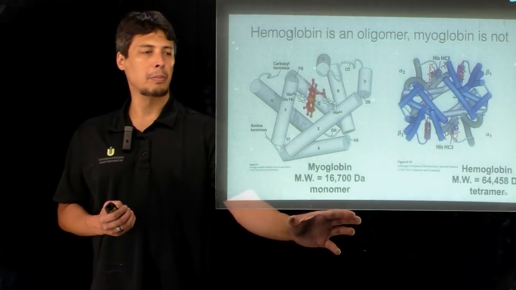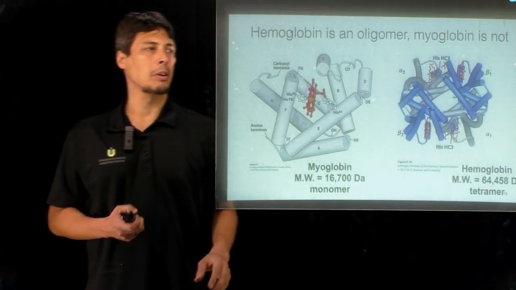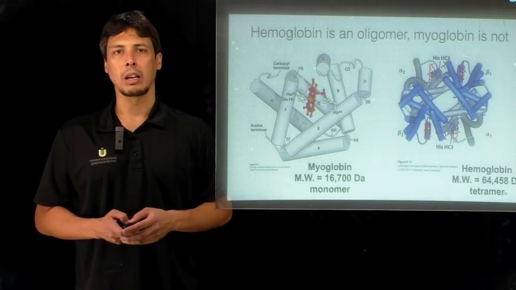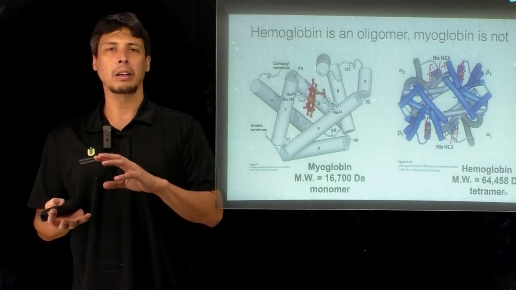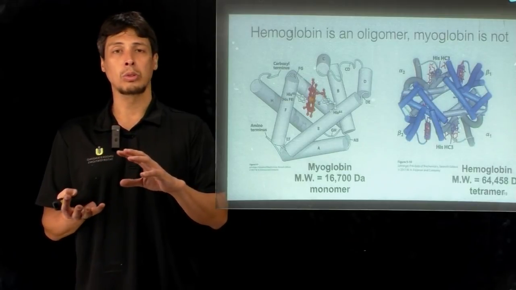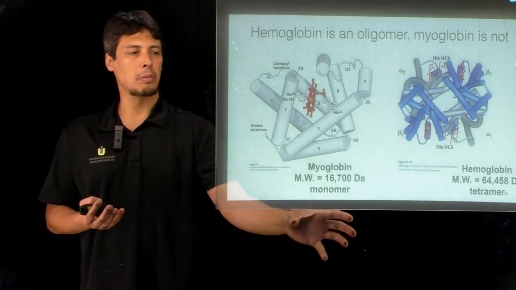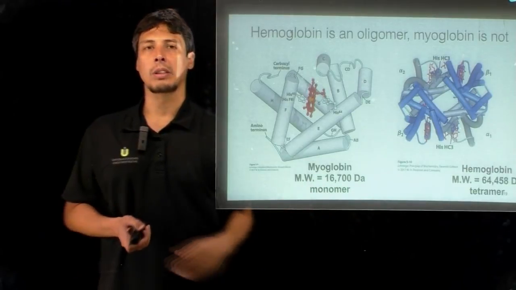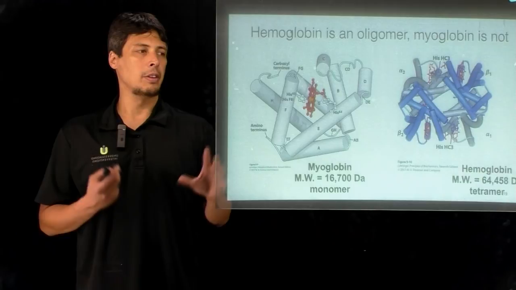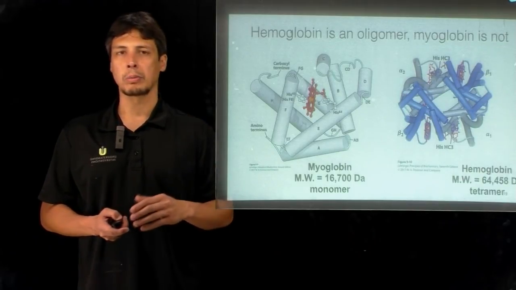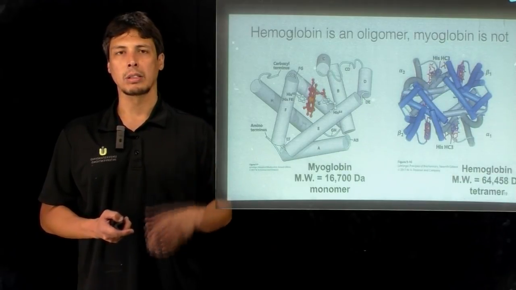Myoglobin is a monomer, whereas hemoglobin is a tetramer. And that's actually very key towards being able to convert the hyperbolic O2 binding function observed for myoglobin into a sigmoidal function, which is important for the function of hemoglobin as an O2 transport protein from the lungs into the tissues.